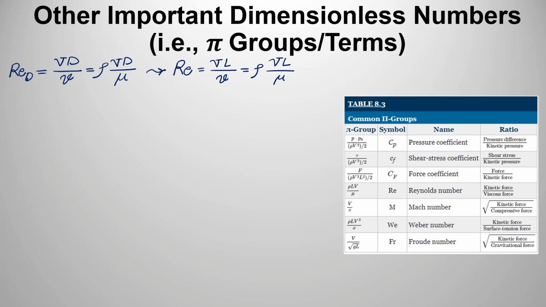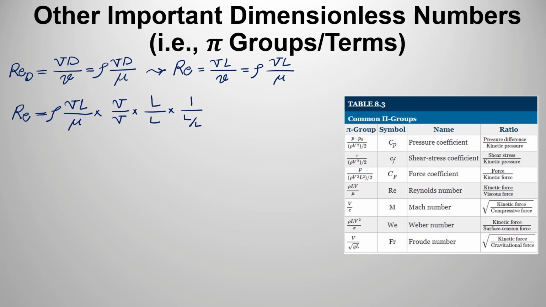Okay, so I'm going to take the general form of Reynolds number and modify it a little bit. So let's take a look at it. The general form is rho velocity length divided by mu, right? I am going to multiply that by velocity over velocity, multiplied by length over length, and multiplied by 1 over length over length.